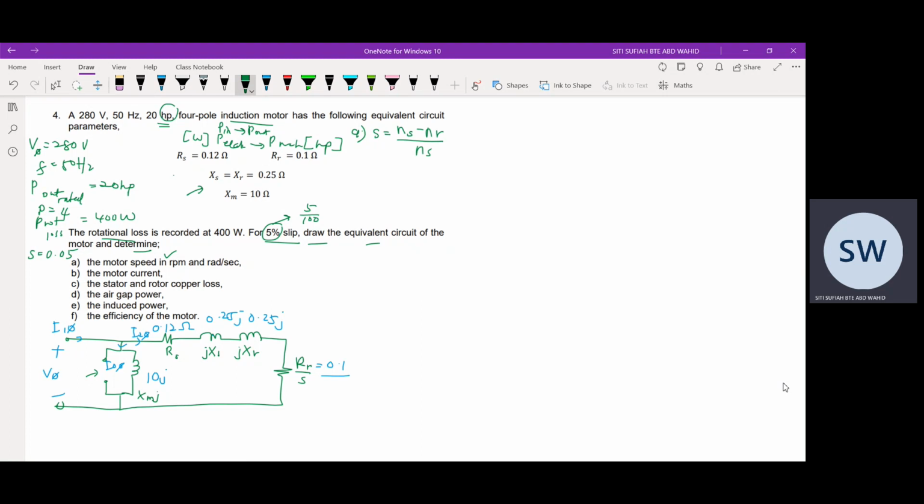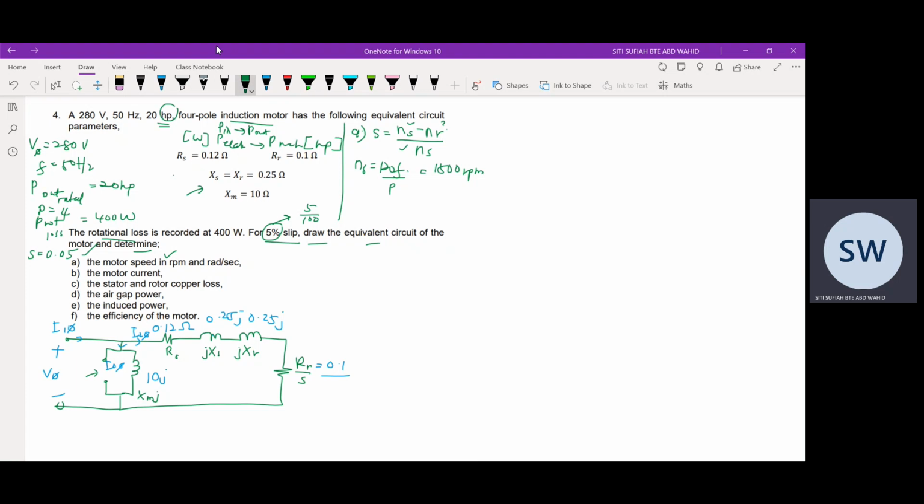This is what we want, and we can calculate NS, and S is actually given. So calculate NS first: 120 F over P, that is 1500. That is the synchronous speed.